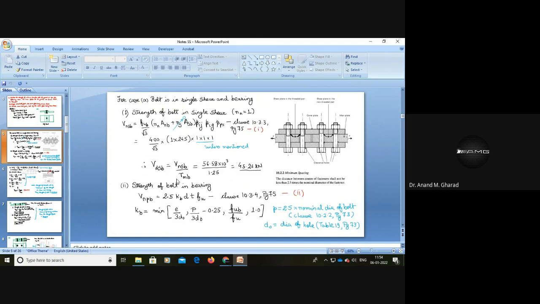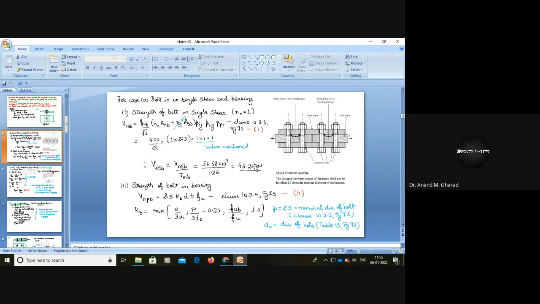Then we should also check the strength of the bolt in bearing. That means, if the bolt comes in contact with the plate, what will be the value? Whether this value is governing or critical, that is, whether the shear will come early or the bearing effect will come early, that's what we are supposed to verify.